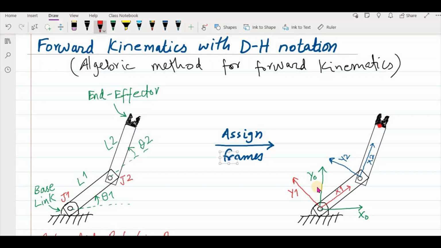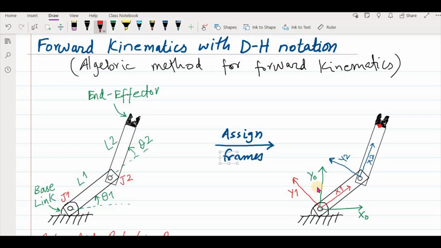So till now we have assigned two frames, frame 0 and frame 1, and they have the same origin, the only difference being that frame 1 is rotated by theta 1 with respect to frame 0. Okay, we have assigned the two frames.